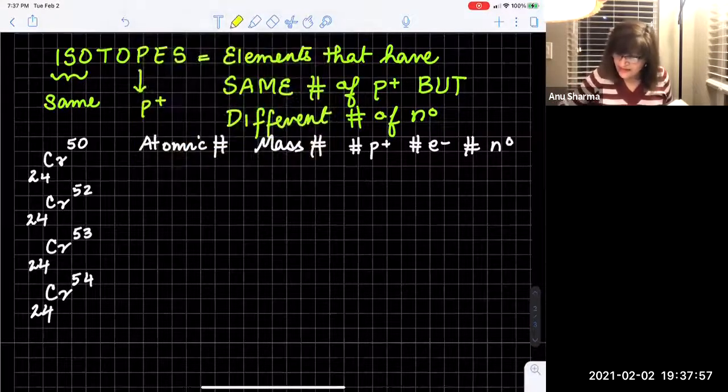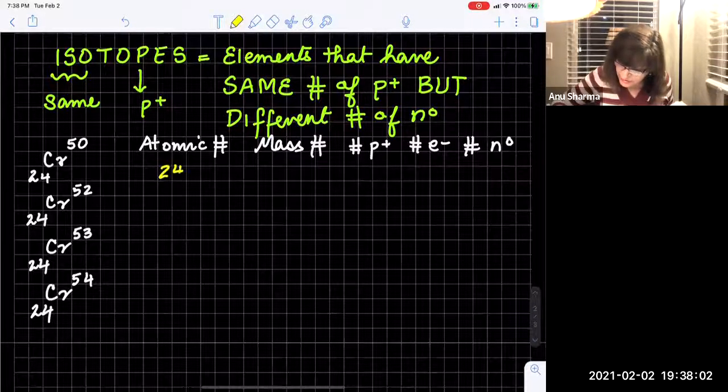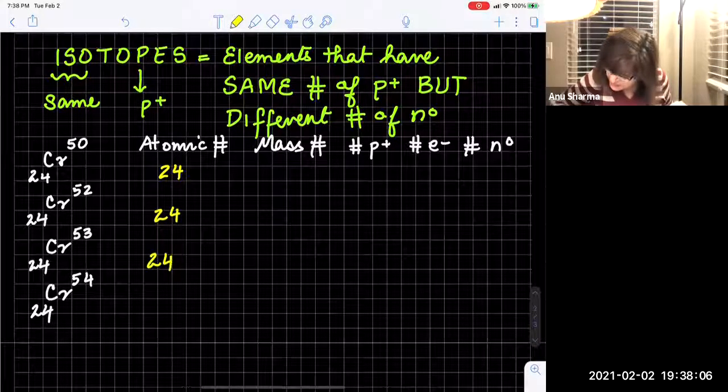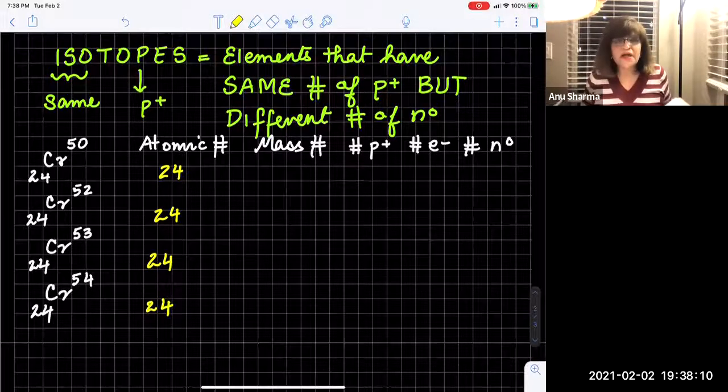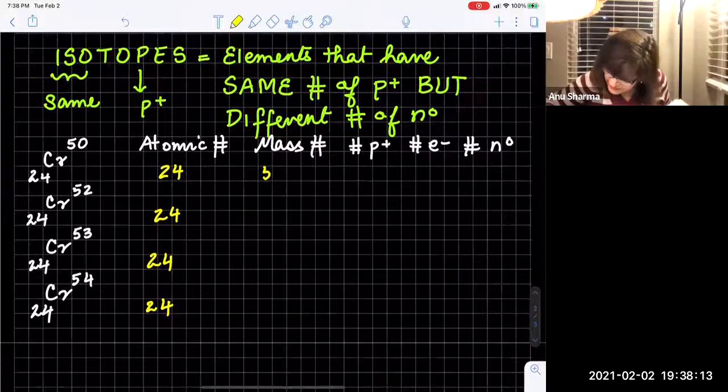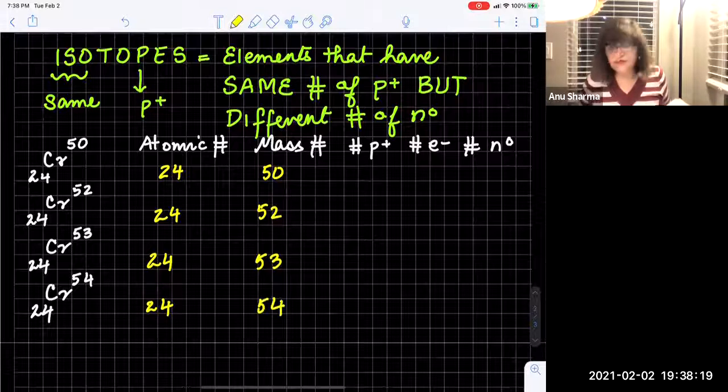So we see that for the chromium, all of them will have the same atomic number. 24 here, 24 this one is 24, and this one is 24. Okay, so we are fine with the atomic numbers. Mass numbers are different. This guy has 50, this guy has 52, this one has 53, and this one has 54. So you see the weight of the atoms is changing.